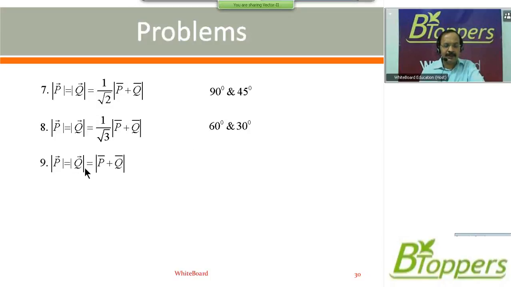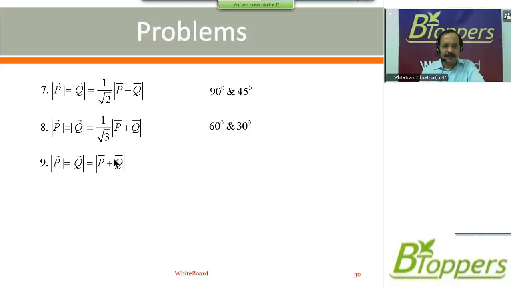Question number 9. Magnitude of P bar equal to magnitude of Q bar equal to magnitude of the resultant of P bar and Q bar. You can follow the same procedure even for this question. This problem also comes under one of the special cases. This problem comes under special cases 4 and 5.